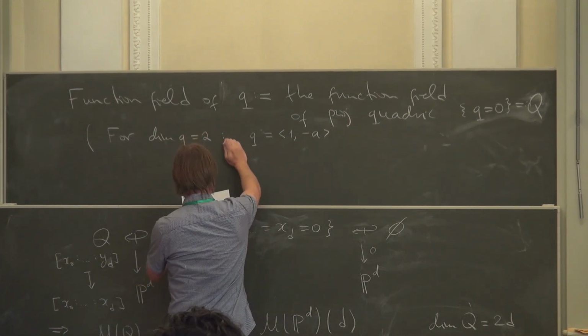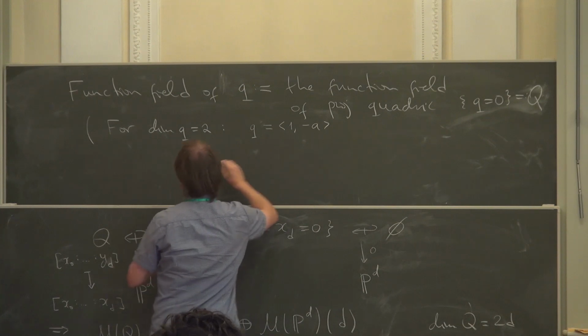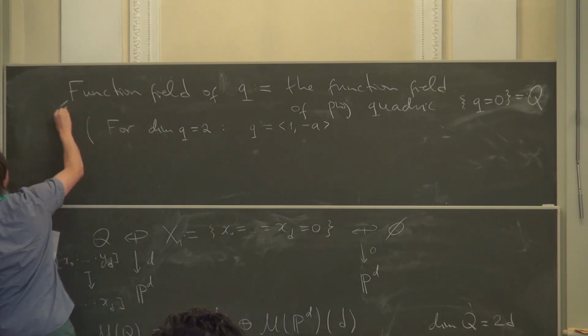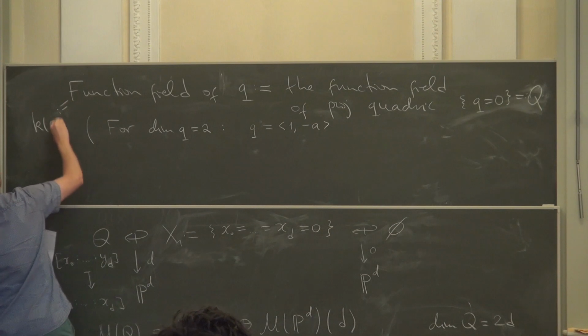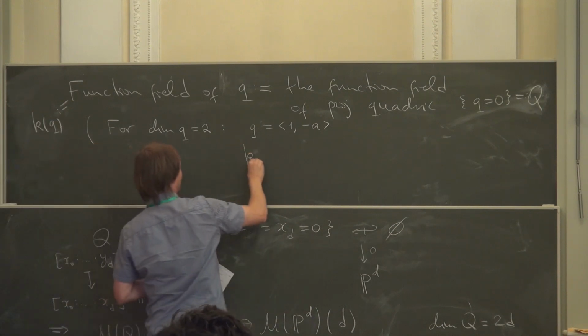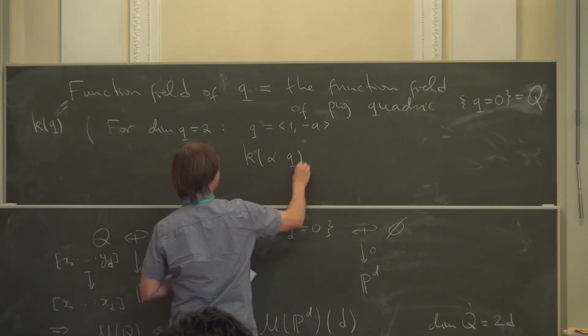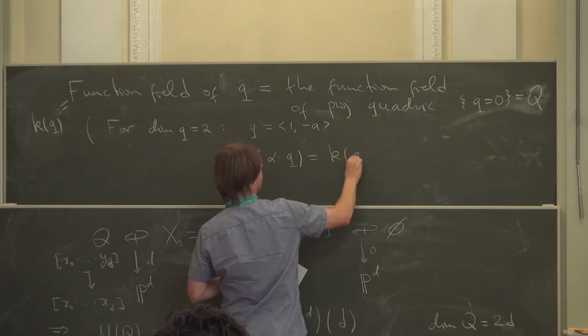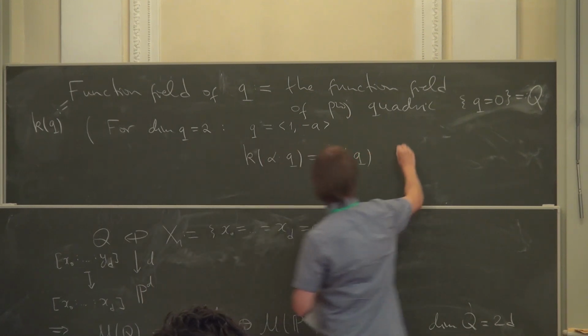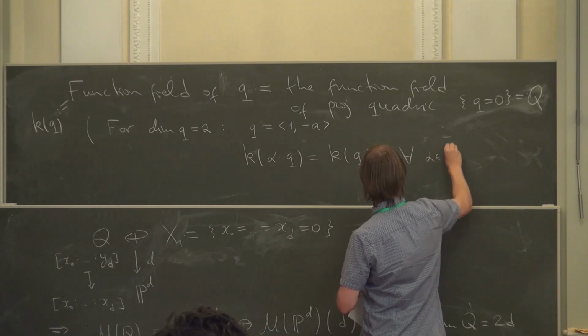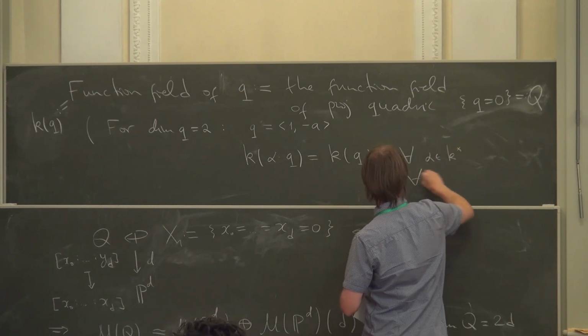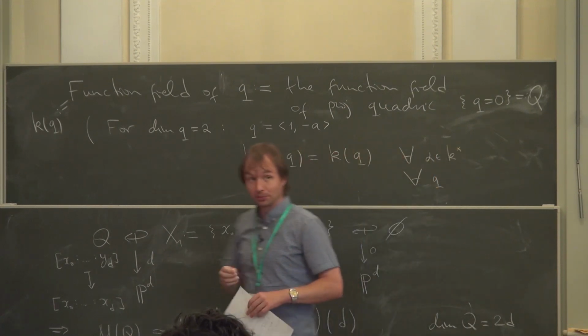Again, completely in general, the notation is k of q. The function field k of alpha times q is the same as the function field of q for all invertible alphas and for all quadratic forms.